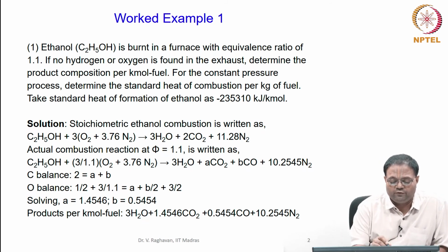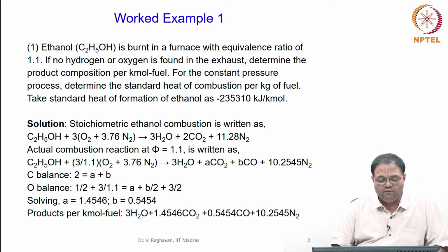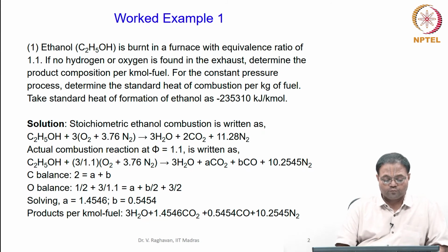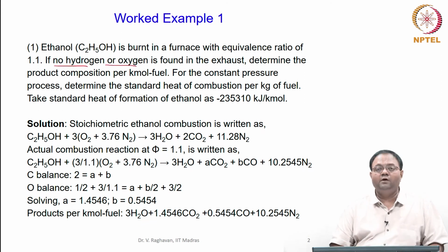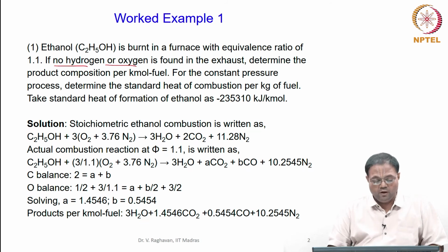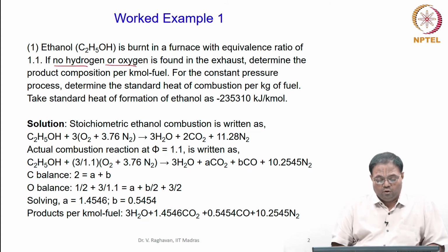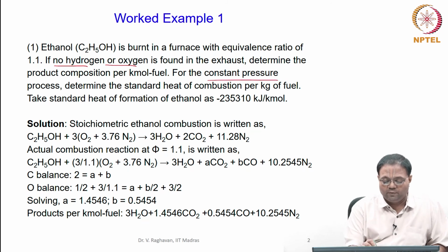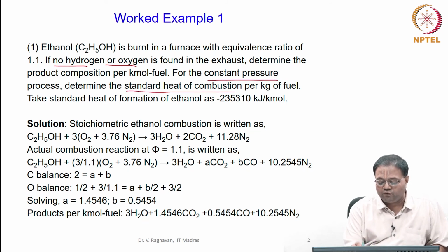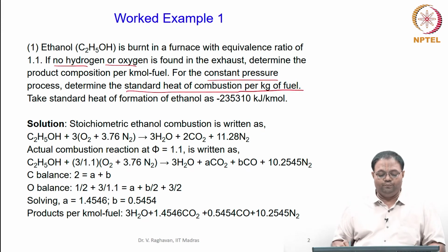Ethanol, C2H5OH, is burnt in a furnace with an equivalence ratio of 1.1, and the exhaust gas analysis specifies that there is no hydrogen or oxygen left in the exhaust gas. Now, for a constant pressure process, you have to determine the standard heat of combustion per kg of fuel.